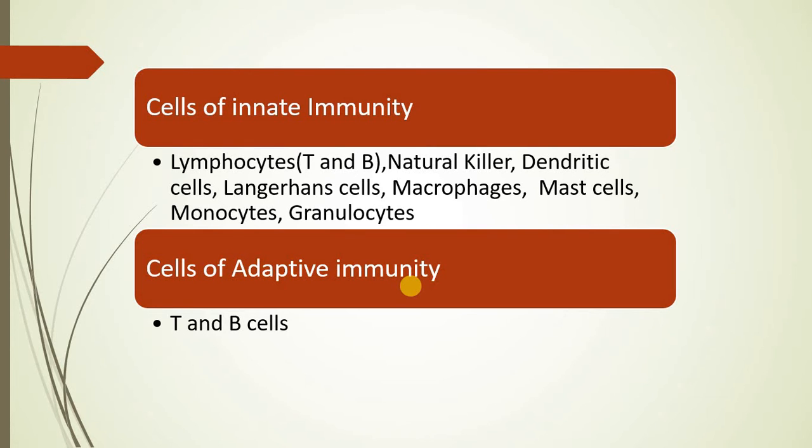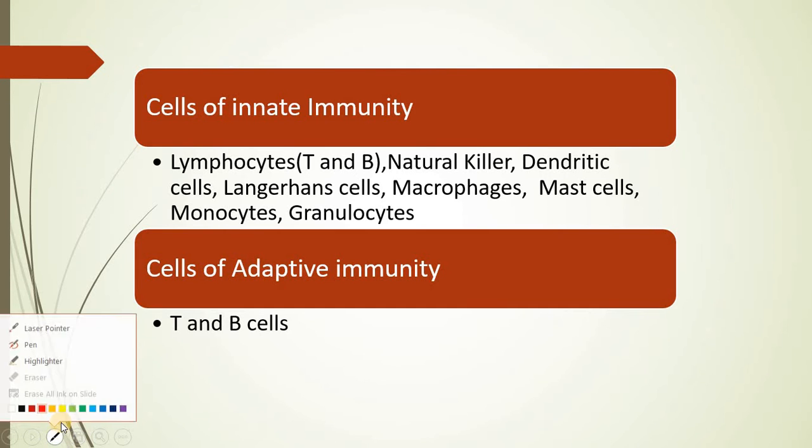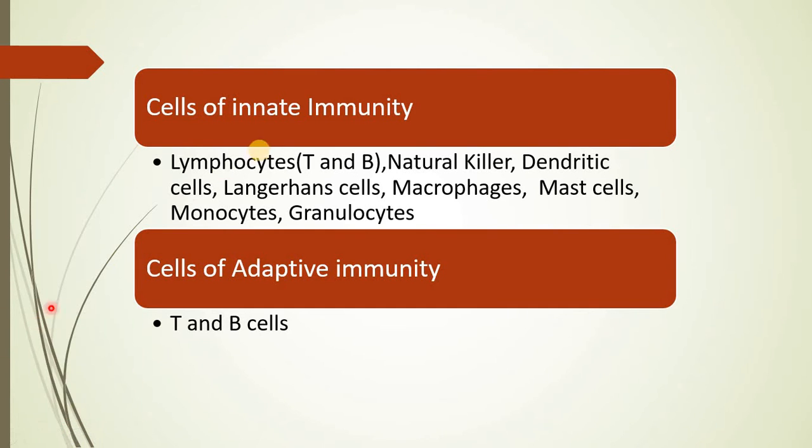So all these collectively form the cells of innate immunity. Why are we calling them cells of innate immunity? Because whatever cells are mentioned here are present since birth, and therefore they form the part of innate immunity, or cells of innate immunity.